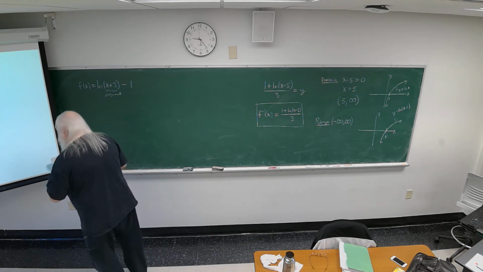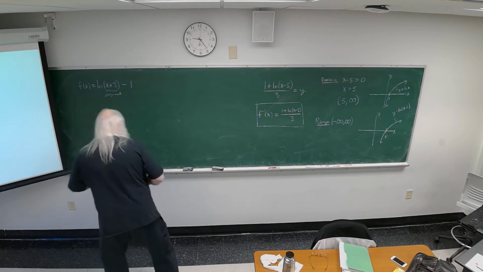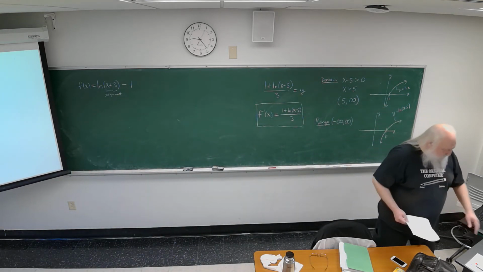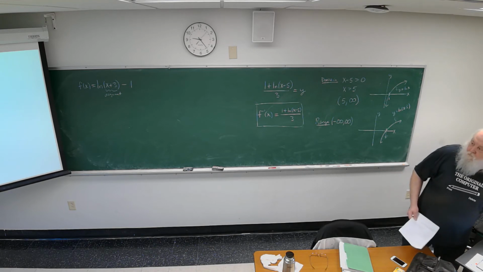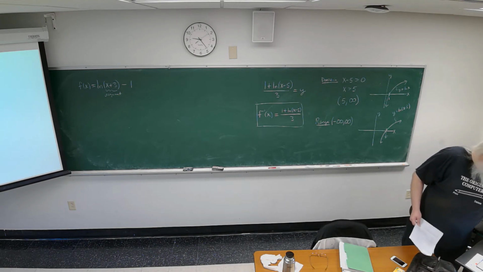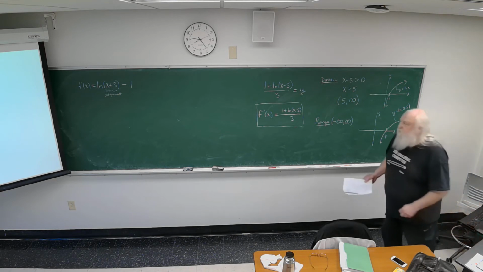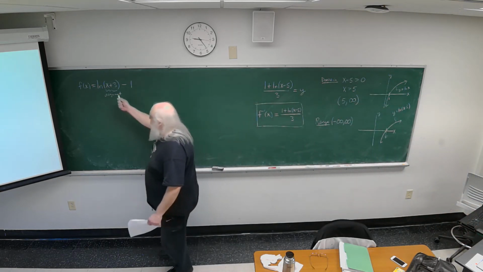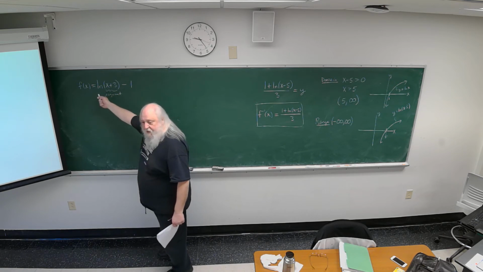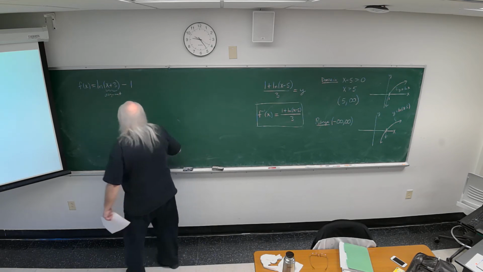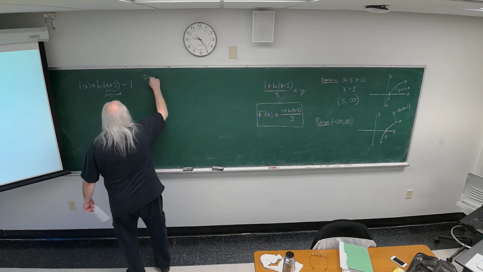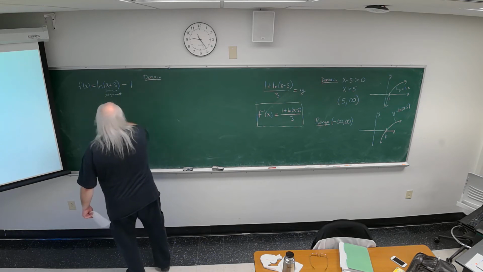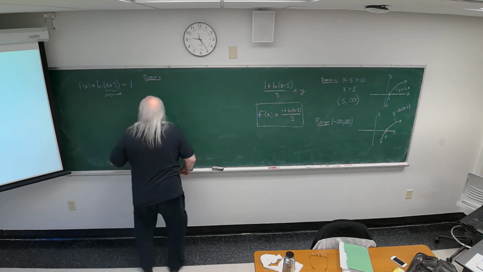Well, at the bottom it says use interval notation to say the domain and range of the inverse function. You know the range of the inverse function is equal to the domain of f of x. So we can find the range right away by writing out the domain of f of x.